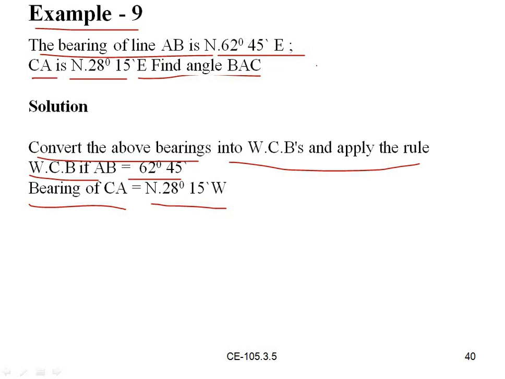So if you want to draw the diagram, it is like this, it is showing the north. In which quadrant is it? The first quadrant, 62 degrees 45 minutes east. So draw this. This is the point A and this is the point B. So from here it is 62 degrees, and this is called northeast.